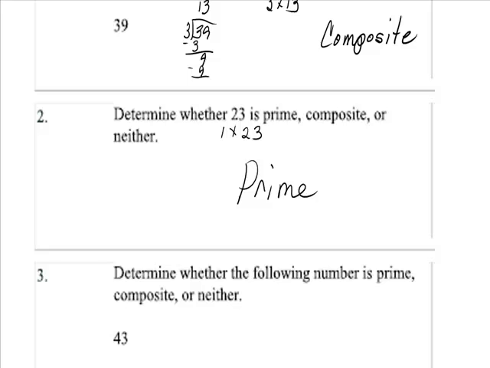The only fact that gives you 23 is 1 times 23. Something else you could have done is just think about your multiplication facts. I can think of ways to get 20. I can think of ways to get 21 or 22 or 24, but I don't have any other multiplication facts in my head to get 23.